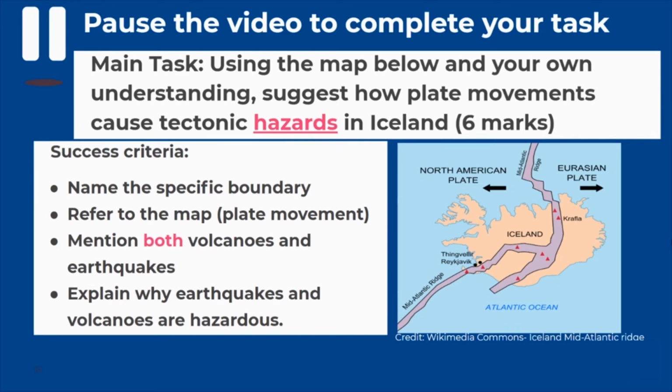Break it down. Have a starter paragraph where you name the boundary and refer to the map. Then I would have one paragraph that explains why volcanoes are hazardous, and then one paragraph that explains why earthquakes are hazardous. Pause the video. If you need to, go back and watch previous sections, because everything we've done in the session today will help you to answer this question. And then do your best, okay?